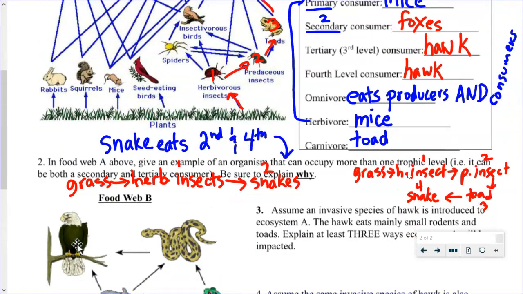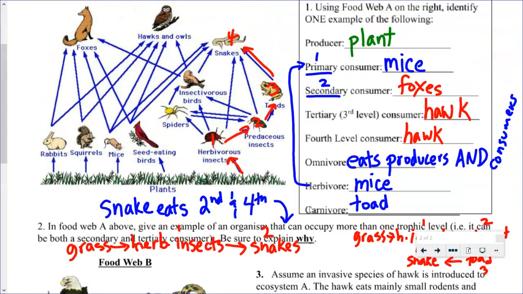All right, so we have a hawk species that eats small rodents like the rabbits, the squirrels, and the mice, and toads. Well, let's mark that. So we have a new hawk coming in that's eating these guys and this guy, right?